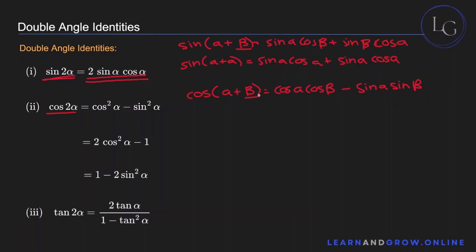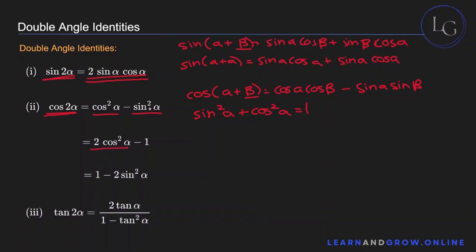Now, if you replace this beta with another alpha, you get cos 2 alpha, and hence eventually this becomes cos alpha into cos alpha, which is cos square alpha, and this becomes sine alpha sine alpha, which is also equal to sine square alpha. And again, if you use the property that sine square alpha plus cos square alpha is equal to 1, you can get these as well, right?